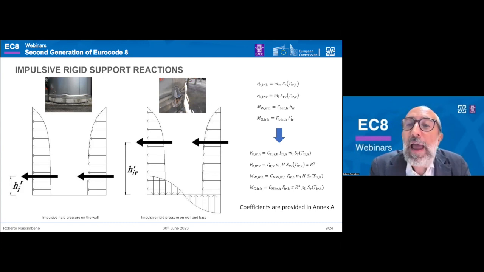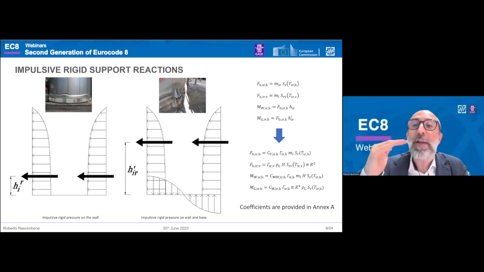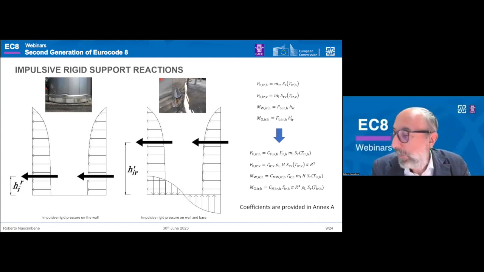Then there's the capital M, that is the maximum rigid impulsive moment below the base, above the base plate, is the moment at the base of the wall.